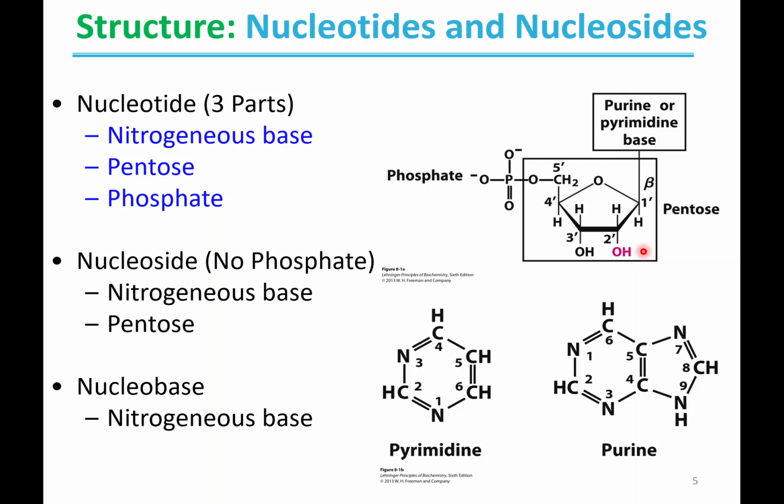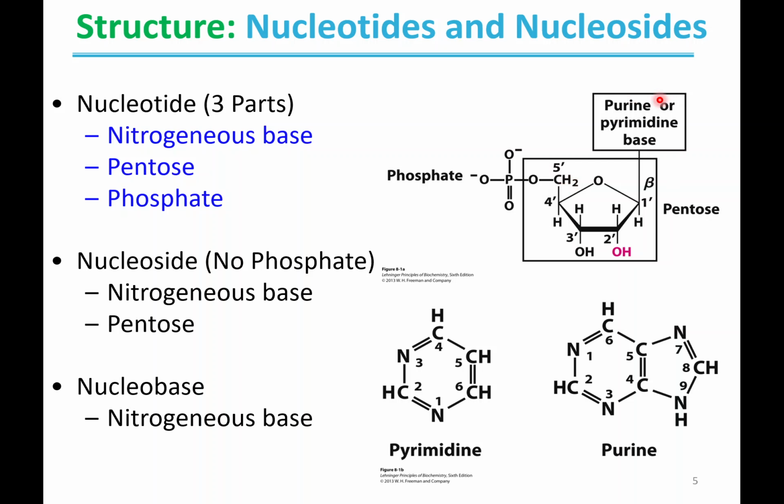Okay. And one of the places they'll come up again is the fact that in DNA, DNA stands for deoxyribonucleic acid. There is no OH group here at the 2' position of the ribose sugar. Okay, so that's why that's labeled pink. Okay. And then finally, the third part of a nucleotide is the phosphate group, which is attached to the 5' carbon of the ribose.